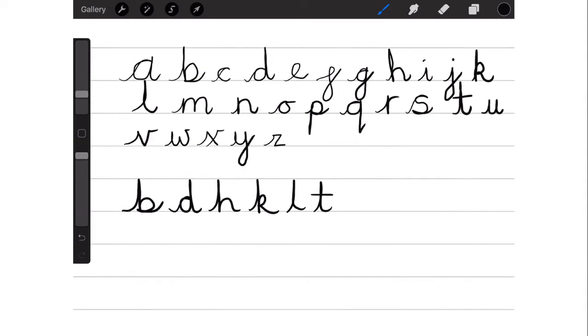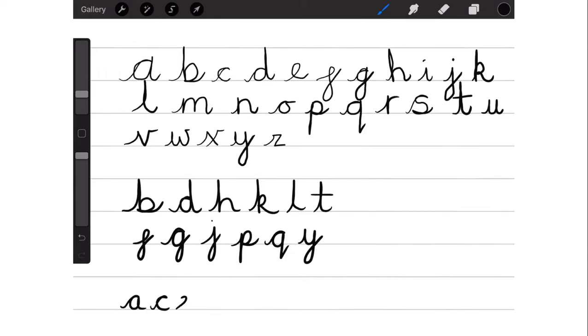You could then teach the children the descenders, so F and G and J and P and Q and Y. And then you could then teach the other letters, the standard letters, so A, C, E, I, M, N, O, R, S, U, V, W, X, and Z. So you can teach it that way instead, if that is easier.